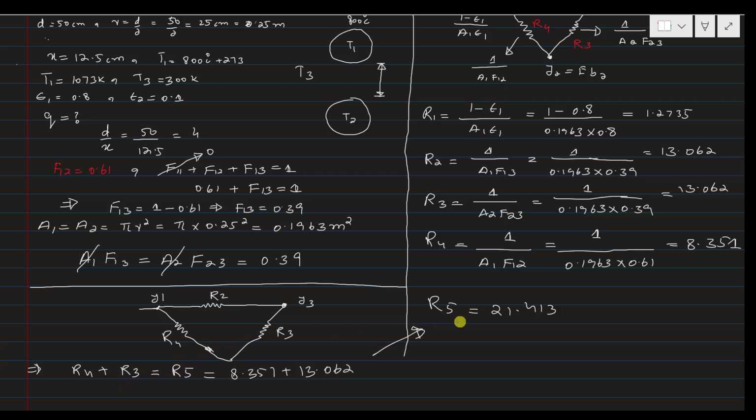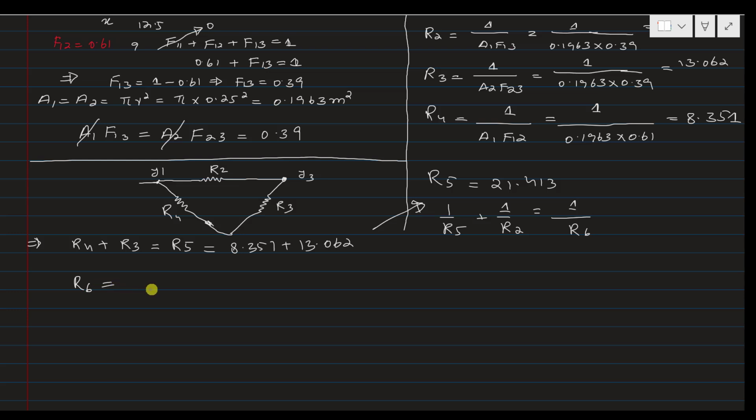Now the equivalent resistance R5 will be in parallel with R2, so I can say that 1 over R5 plus 1 over R2 gives the equivalent resistance of these two that are in parallel, which is R6.